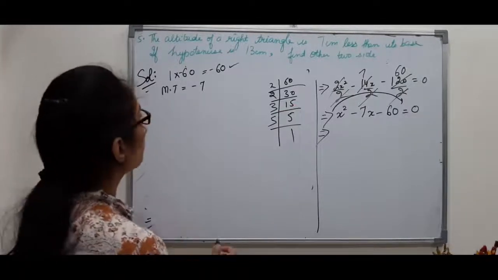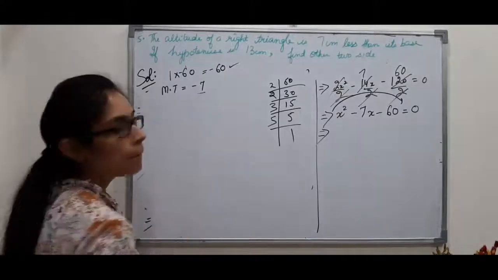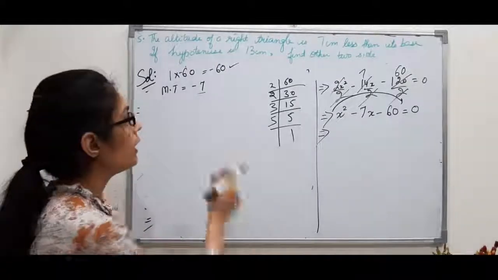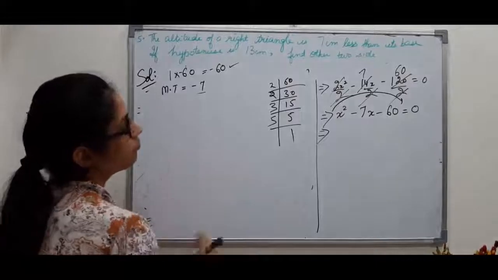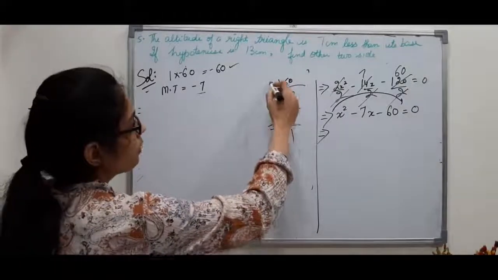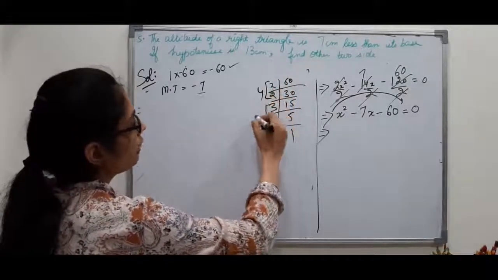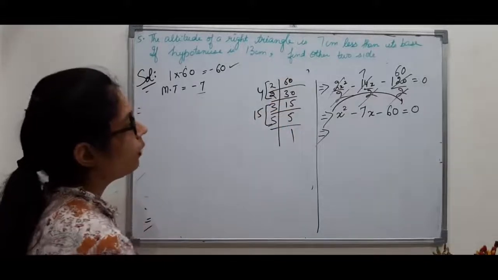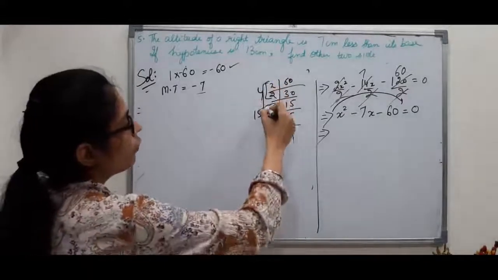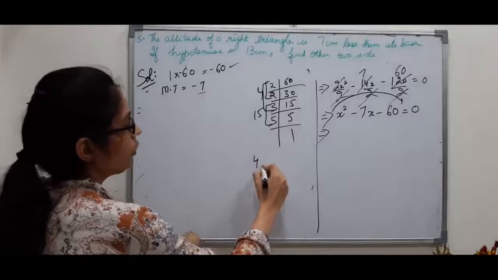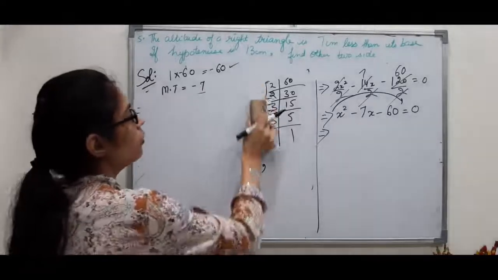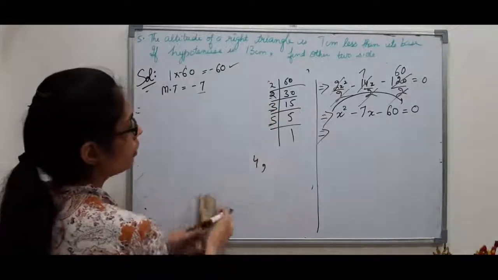Now let's make pairs, because we need our addition or subtraction as minus 7. So let's try. 2 into 2 is 4, 3 into 5 is 15. No, it's not possible. You have to try with all the numbers. So 4 and 15 is not possible.